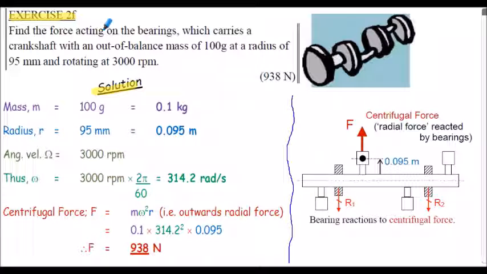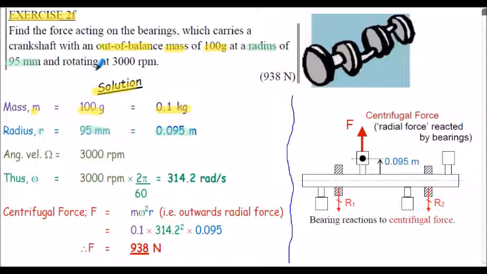Extracting information from the question, we know the out of balance mass is 100 grams, so m is 100 grams, converted into kilograms, 0.1 kilograms. We know the mass is on a radius of 95 millimeters, so r is 95 millimeters, and straight away convert that into meters, 0.095 meters.